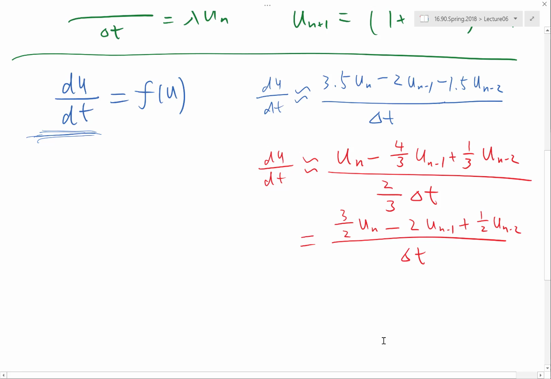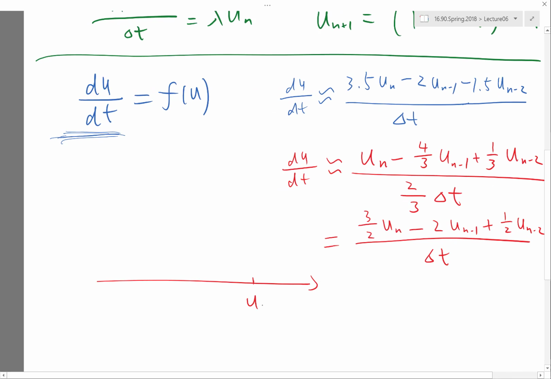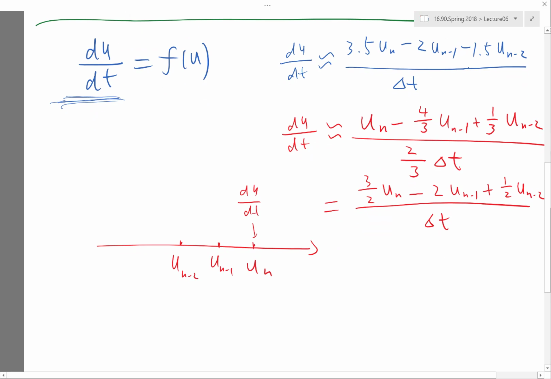So backward Euler only uses these two points, and you want to add one more point. So the scheme would be du dt approximately equal to something over delta t that involves a times un plus b times un minus 1 plus c times un minus 2, right? I think these are exactly copied from your formula.